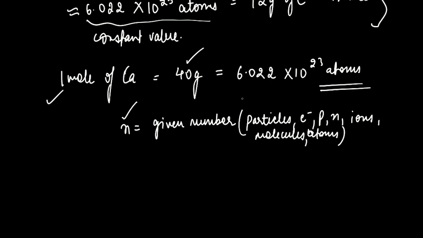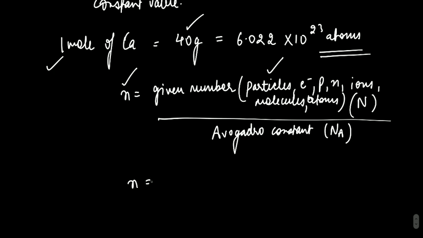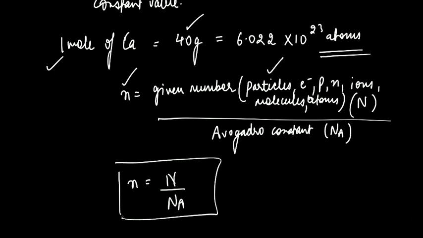But if it's some other number, then you have to calculate this. This is given by capital N divided by the Avogadro constant, written as Na. This capital N is just the given number. So the formula, given number divided by Avogadro constant, is the second relationship.